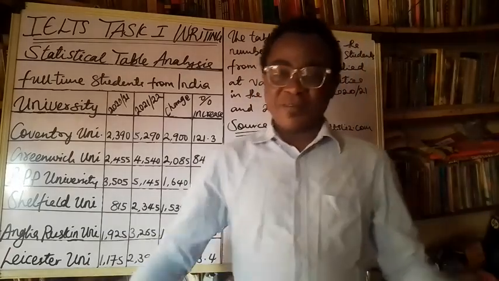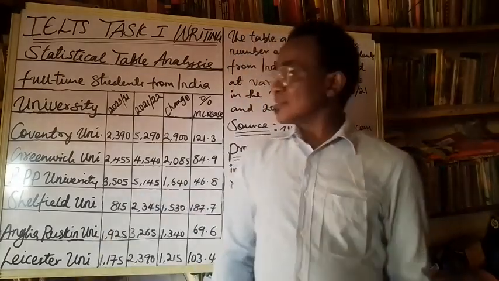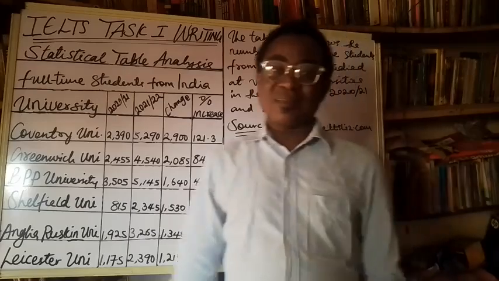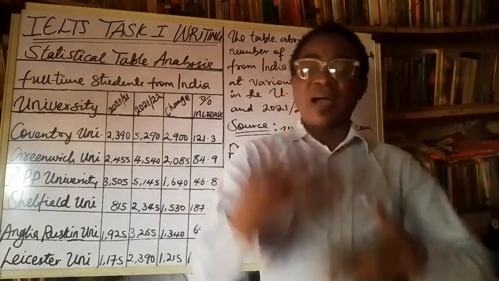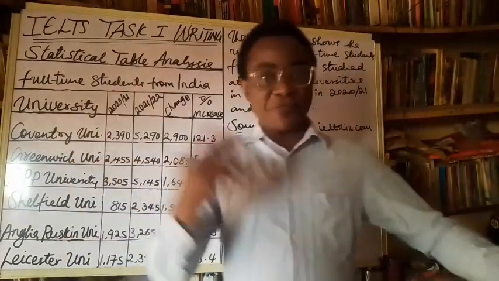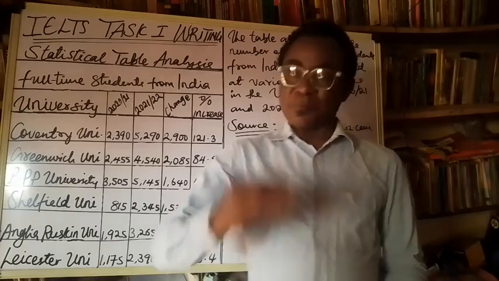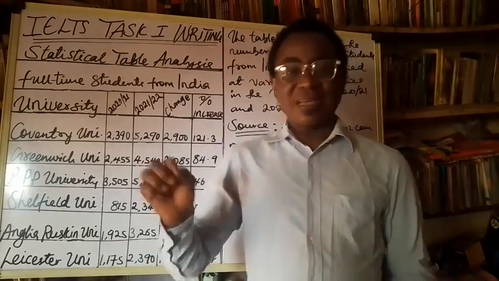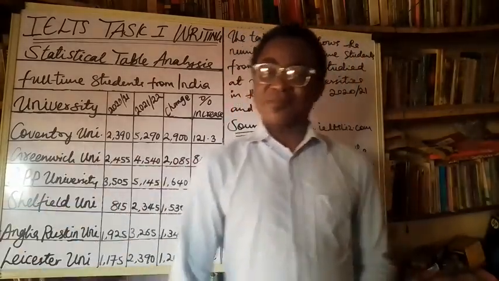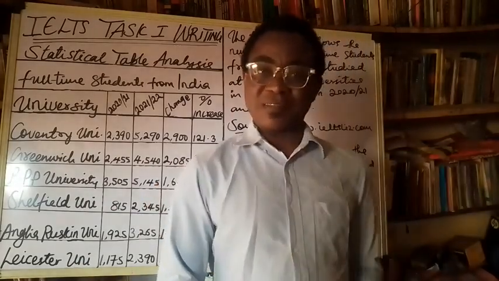So, invariably, most of such reports that you find in the IELTS website written by previous candidates of the examination and their lecturers contain between 170 and 190 words. So that point is clear.